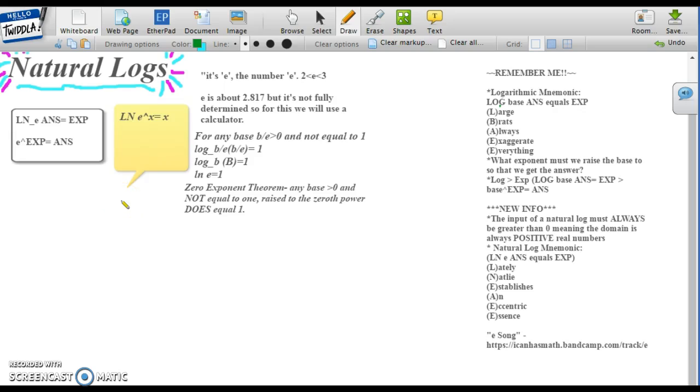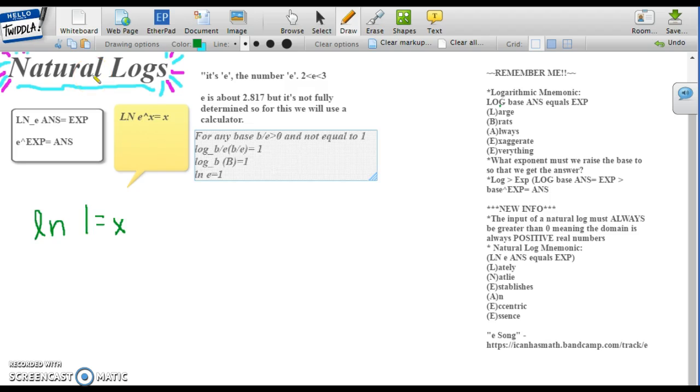Okay, so after solving for natural logs, we'll have to move into solving logs that are not logs of e, if that makes sense. Okay, so let's take the natural log of 1 equals x.